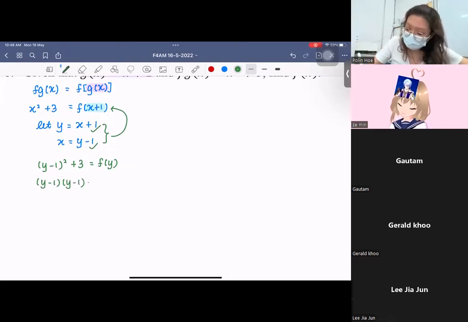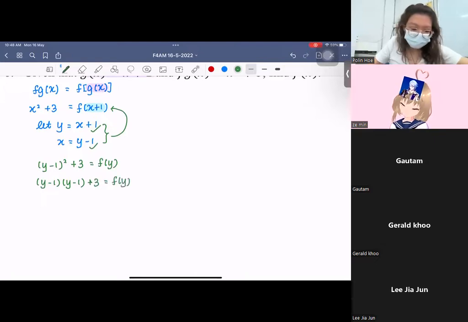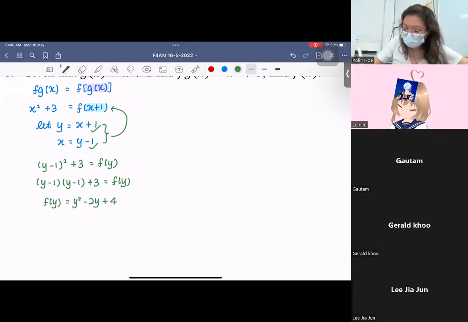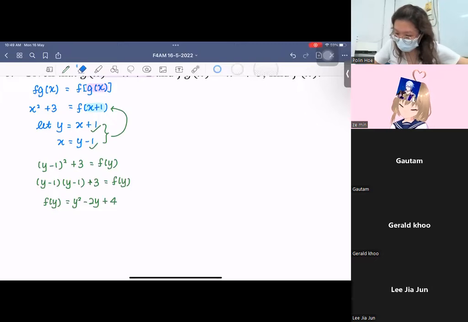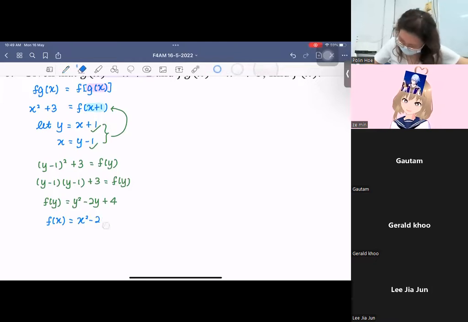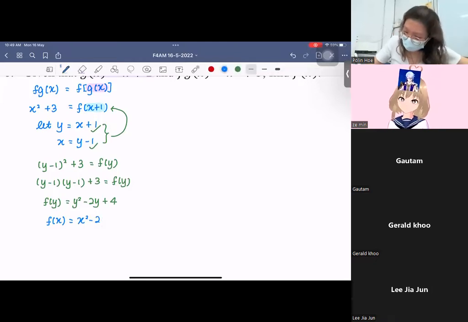Later your teacher will be upset. So you shall get f(y) equal to y squared minus 2y plus 1 plus 3, which is plus 4. Can you stop here? Cannot, because the question asks for f(x) but not f(y). And the last step is you change y to x.